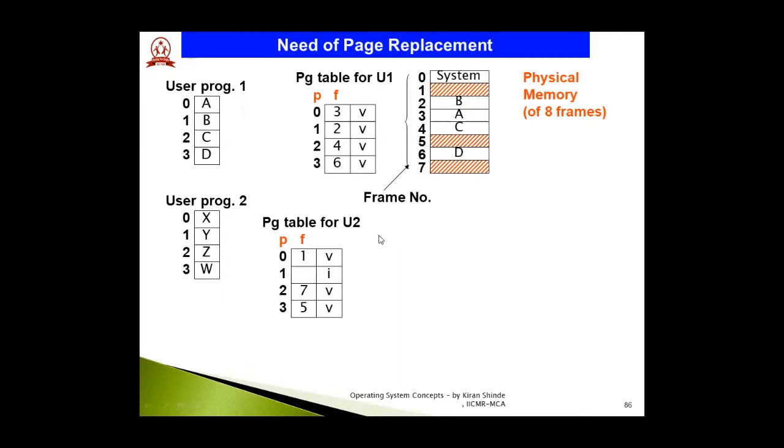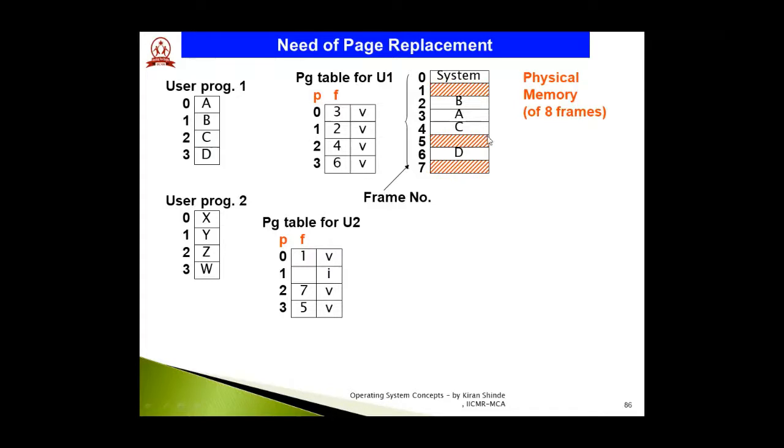Now, if you see the page table of user program 2, for page number 1 there is no frame assigned in this page table. Why so? Because the system memory is assumed to be made up of 8 frames, and out of these 8 frames, 7 are already allocated.